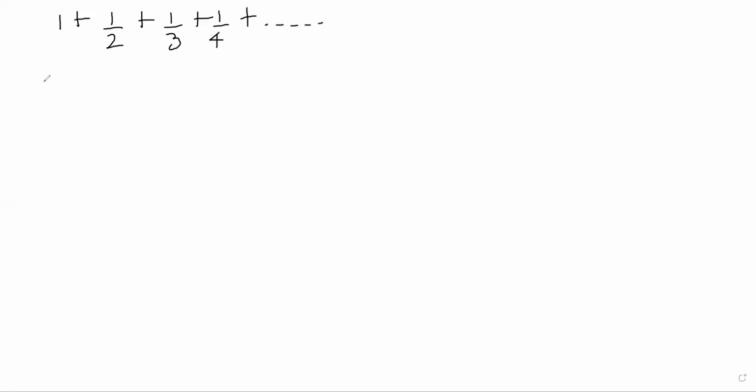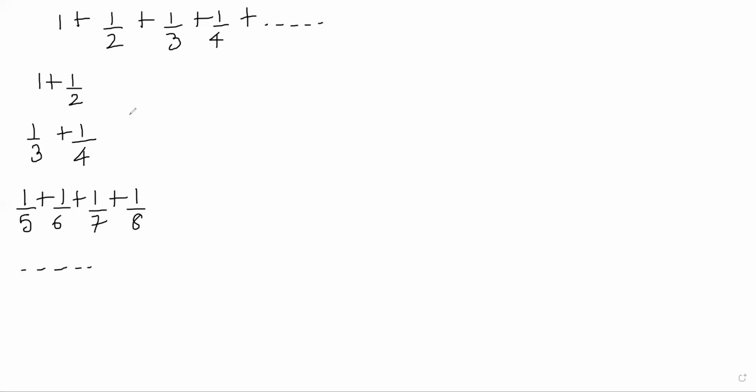So you can say first two terms I will group. Then I will group the next two terms. And then the next four terms. And so on. After that, you'll group the next 8 terms.